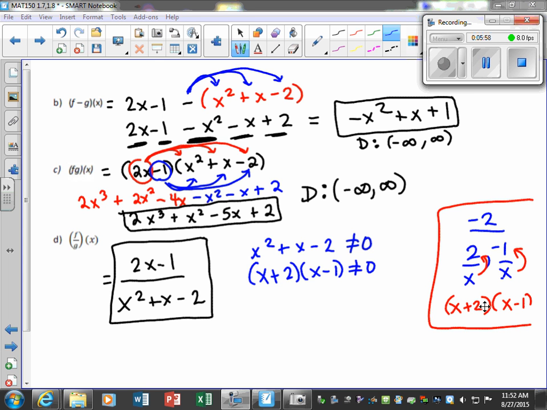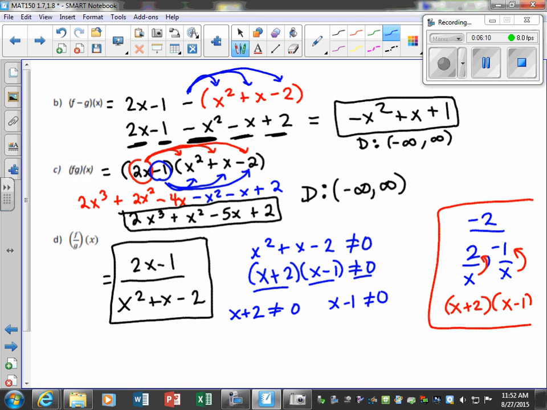Okay, so after we factored it, we bring that information back over here, and now we're ready to set this one not equal to 0, and then this factor not equal to 0. And I'm sure by now you're familiar with it, so x cannot equal negative 2, and x cannot equal positive 1.